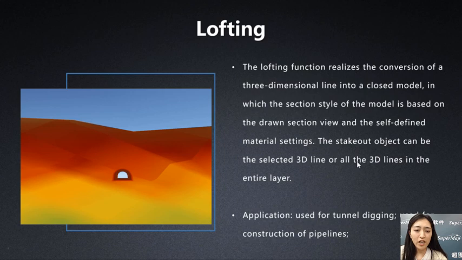And the lofted objects can be the selected 3D line or all the 3D lines in the entire layer. At this time, you may ask, what can you do with this lofting analysis? Here are some examples. You could use it for tunnel digging and for the construction of pipelines.